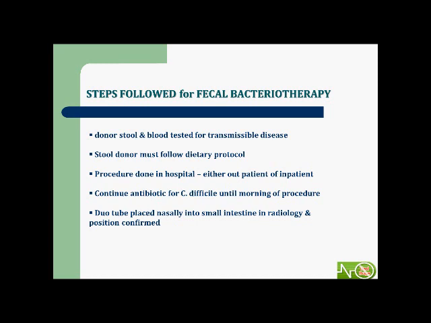A duo tube, which is a small tube, is placed through the nasogastric pathway into the stomach, and then radiologically guided into the duodenum, and the position is confirmed. The tube is locked at the nose area to prevent it from being dislodged.